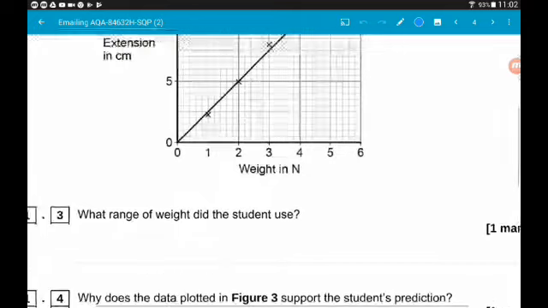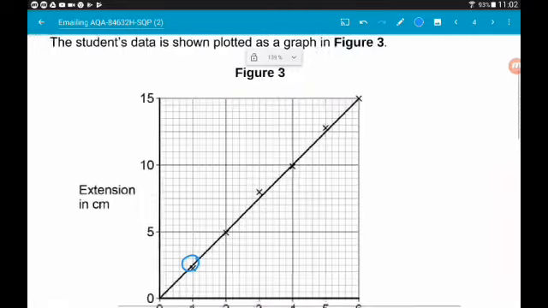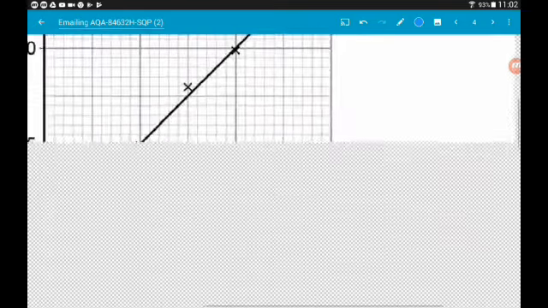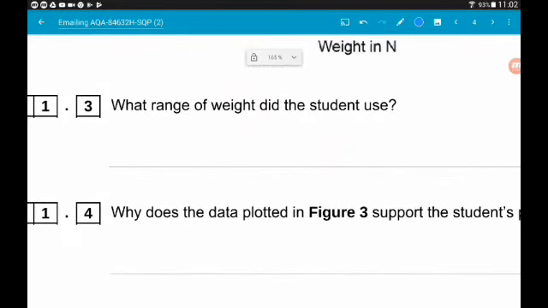So the smallest weight we used was this one, which was 1 newton, and then the biggest was this one, which was 6 newtons. So the range of weights was 1 newton to 6 newtons.